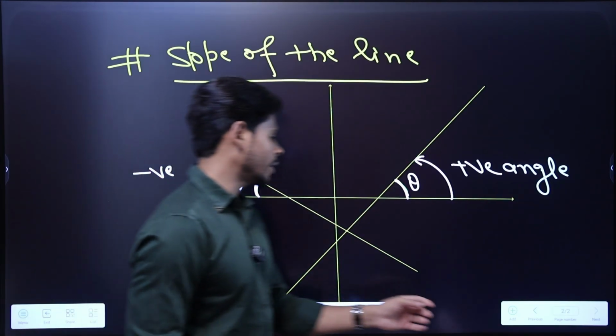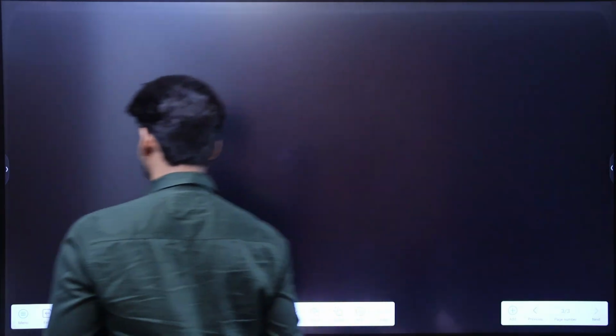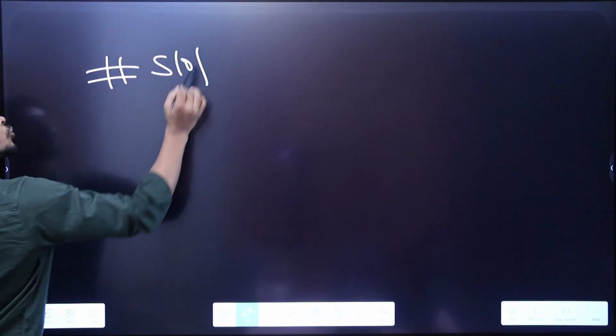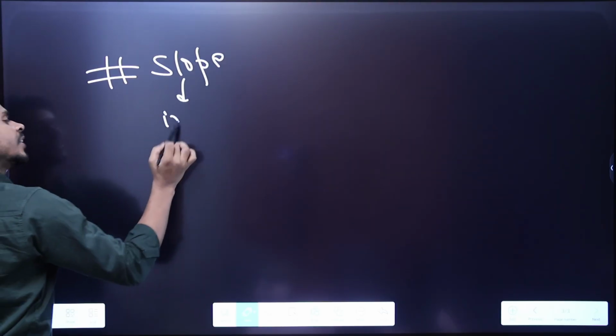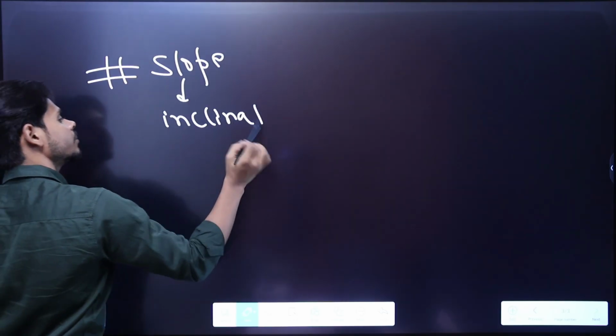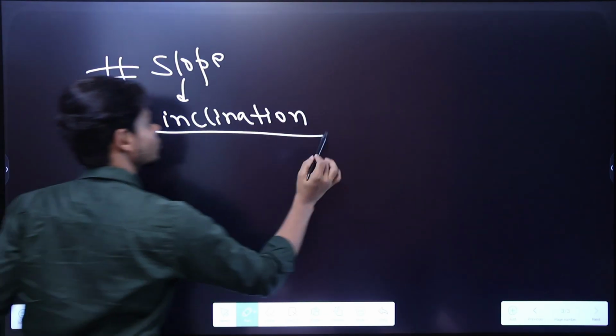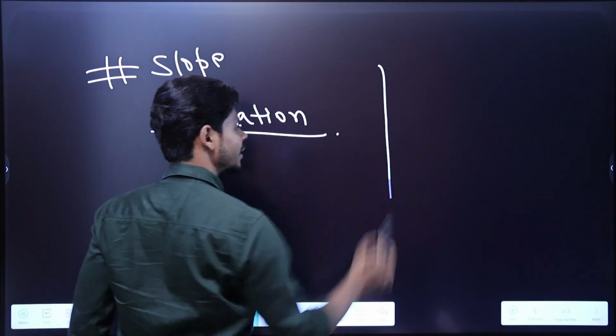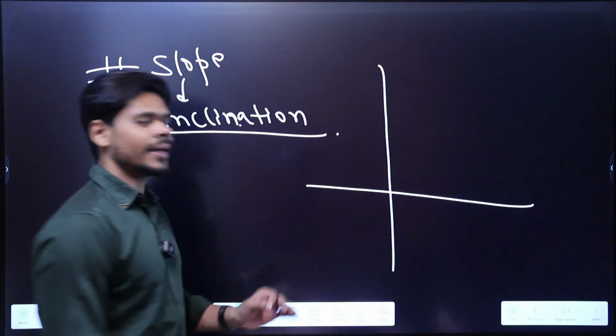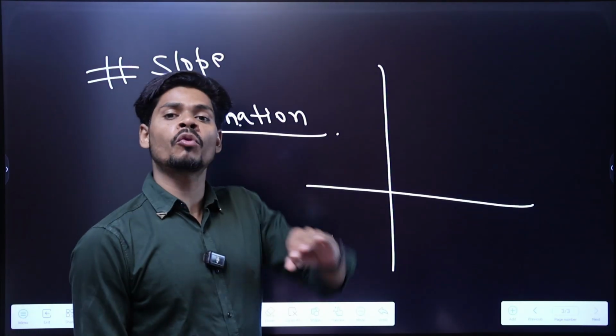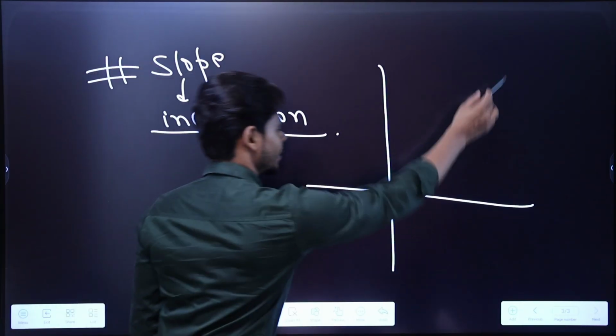For example, let me tell you something more about the slope of the line. Slope means its inclination. What does inclination mean? Inclination means what angle a straight line is making with the positive direction of the x-axis, like this.